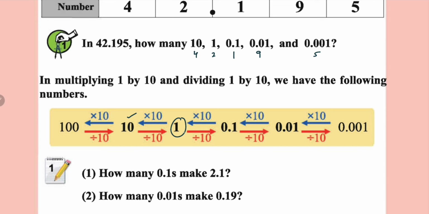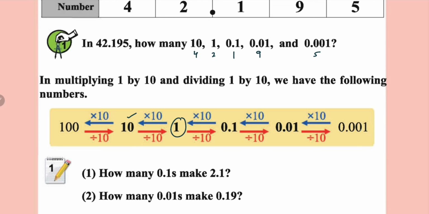In the leftward direction, the blue arrow, it is multiplied by 10. If you traverse towards the right, it is divided by 10. So 1 by 10 is 0.1, 0.1 by 10 is 0.01, 0.01 by 10 is 0.001, and 0.001 into 10 is 0.01, 0.01 into 10 is 0.1.